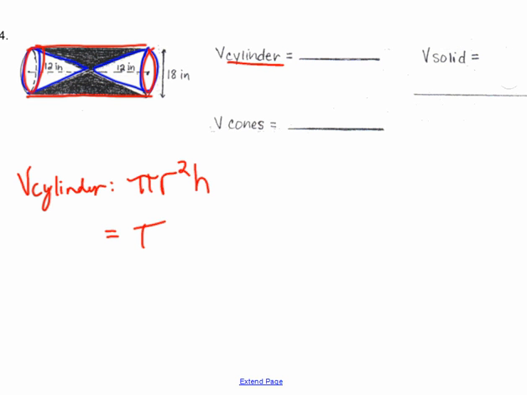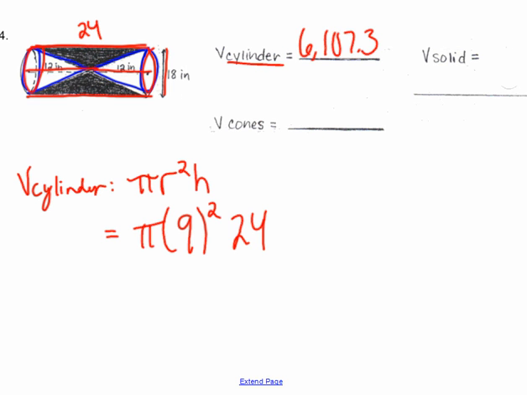So I have pi, and where's my radius? Well, they give me this whole way across, so the radius is half of 18, so that's going to be 9. And the height, this whole thing. They say from here to here is 12, so all the way across would be 24. So if I type that in, it's a pretty big number, 6,107.3 cubic inches.